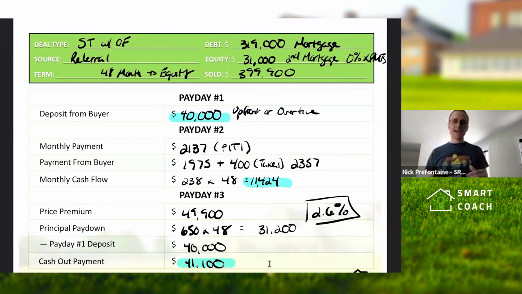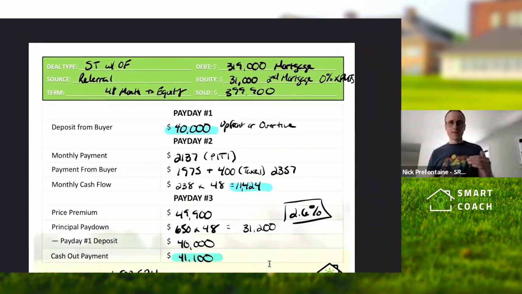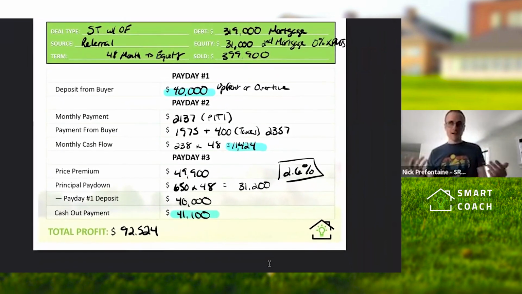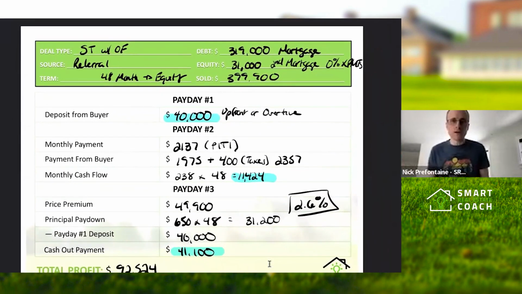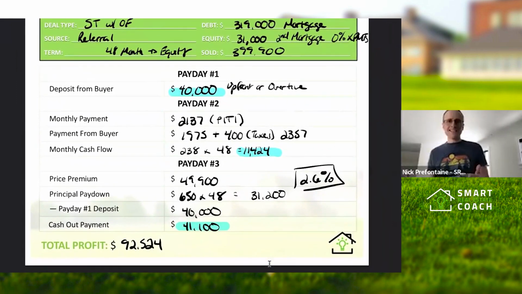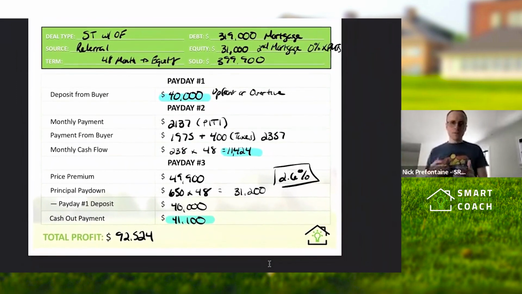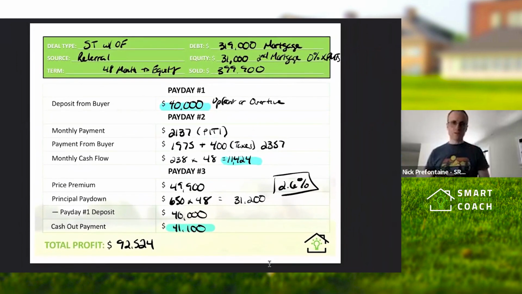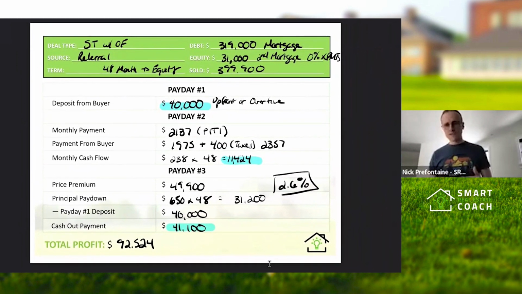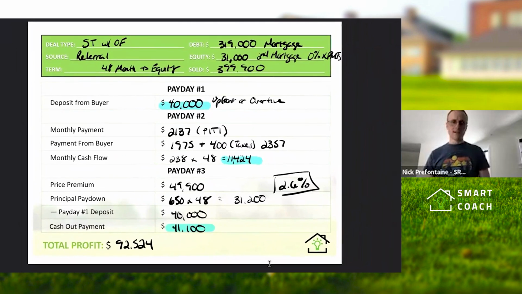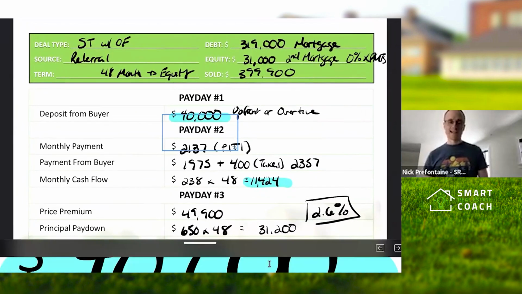Once we have that number, we want to round up within reason. If we were being greedy, could we go over 400,000? Yes. However, we just want to round up within reason so there's no issue with appraisal in the future. That's why we rounded up only to 399.9 and not 409.9 or 419.9.